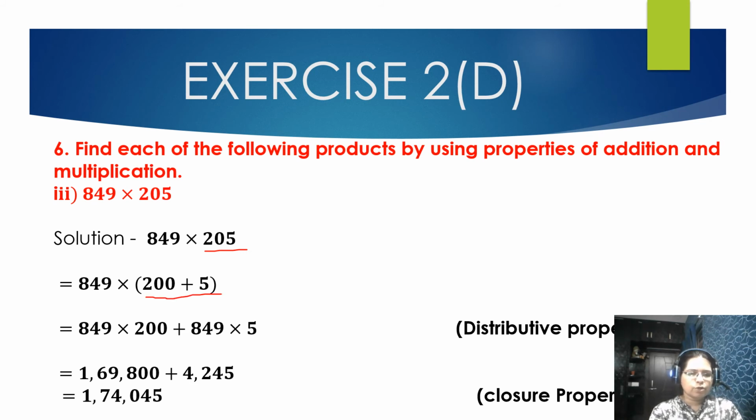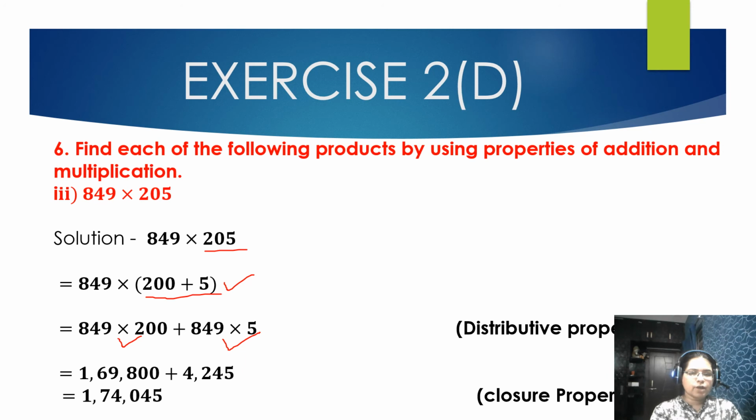Now 849 multiplied by 205 equal to 849 multiplied by 200 plus 5, inside the bracket, equal to 849 multiplied by 200 plus 849 multiplied with 5. And this is the distributive property of multiplication over addition.